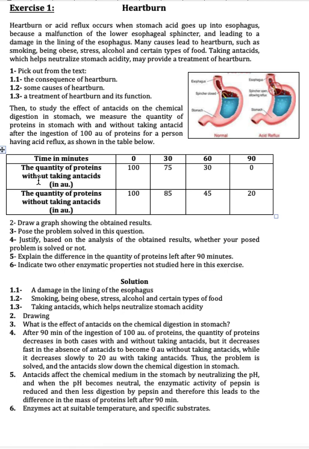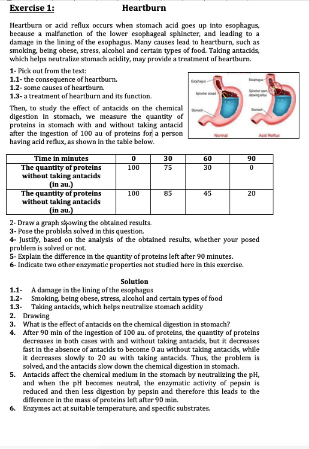So here we want to study the effect of the antacids, what is the effect of the antacids on the chemical digestion in stomach. Because we have this problem, I want to know if the person taking antacid has a problem in the digestion here, or if the antacid doesn't affect the digestion in the stomach after taking this medicine, the pill that prevents the heartburn so that he doesn't feel pain.